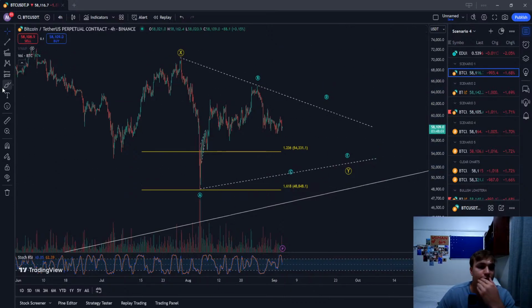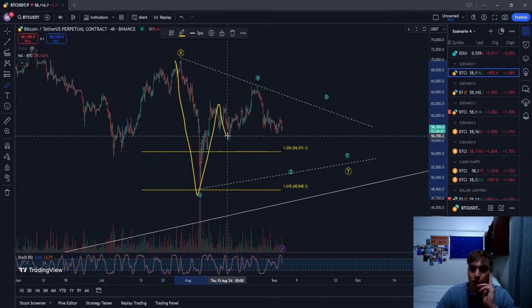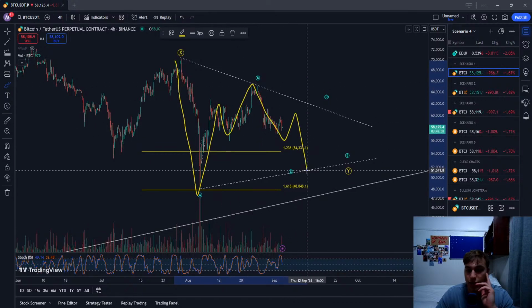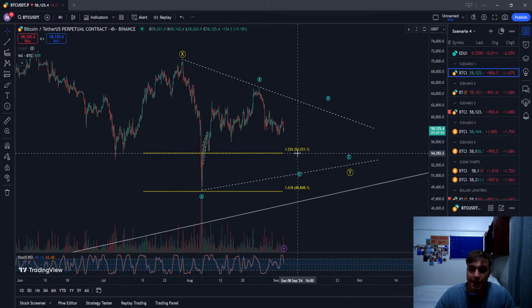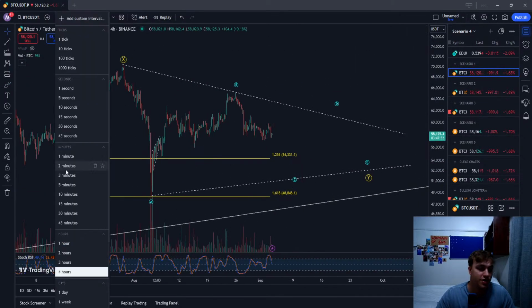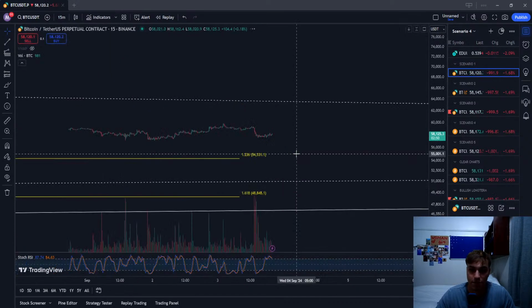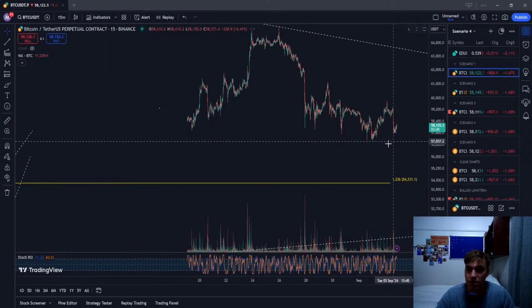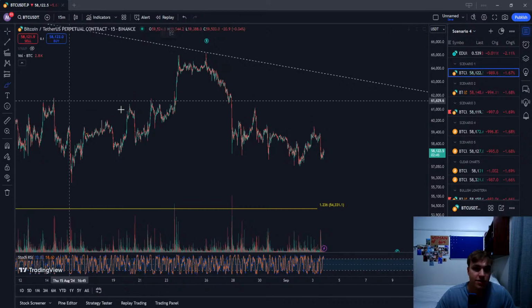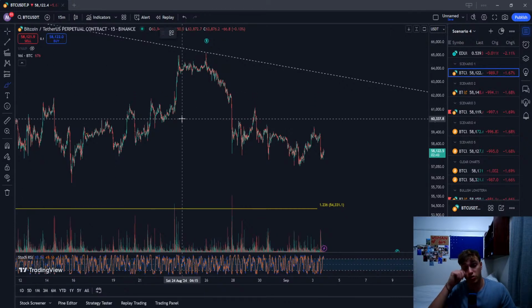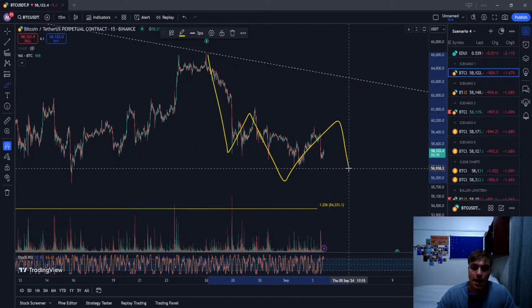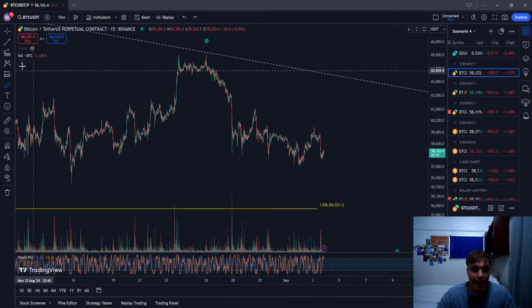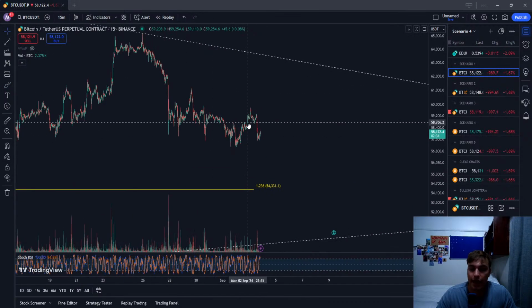So we would have a 3-wave structure down in A, 3-wave structure up in B, and then a 3-wave in C. So that C would move here, and at the moment it's actually looking very interesting. If we go to the 15-minute time frame, I'm just going to show you a possible triangle in B. So you get types of triangles where your move down can be an A wave down, a triangle in B, and then that move down.